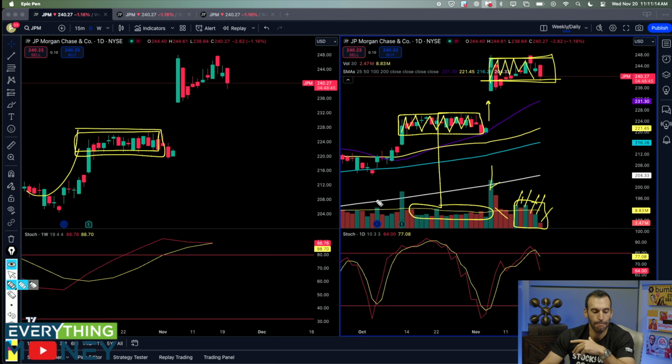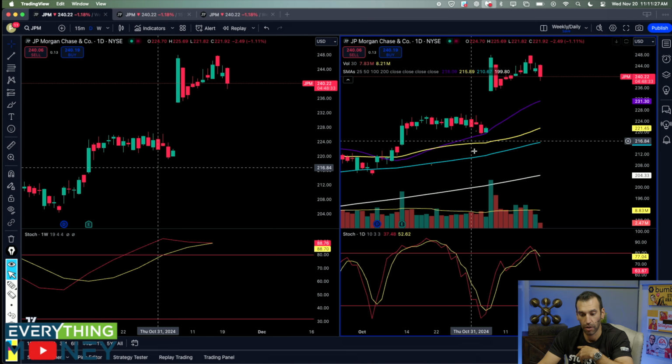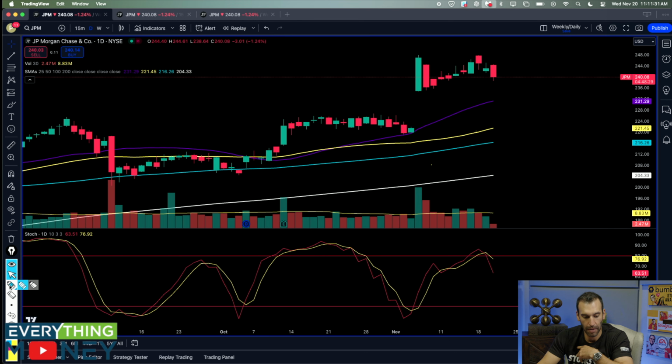So when you're in consolidation channels, what do they mean? To me as a trader, they mean two things. One, you can't really go long over here because you're just stuck in a channel. You need something to break it out. But if you are swing trading, you know where your exits and entries are. Let's draw a concise line up here.